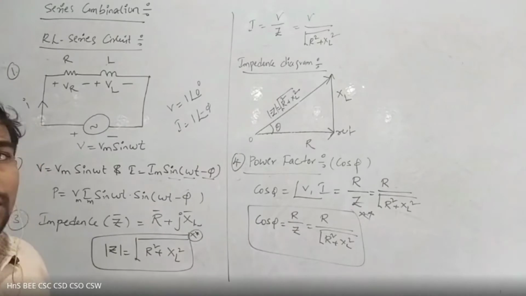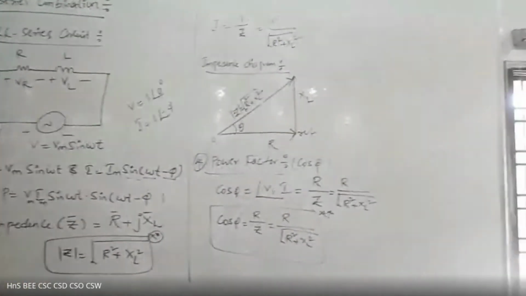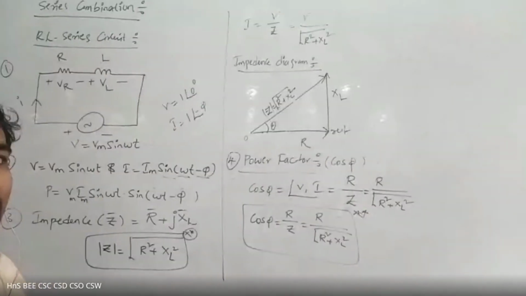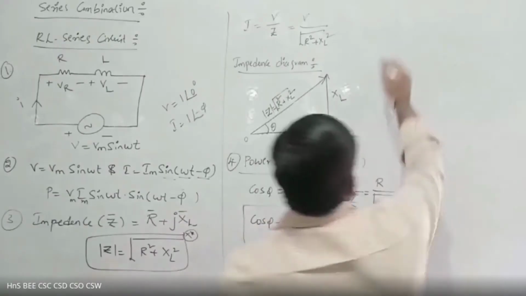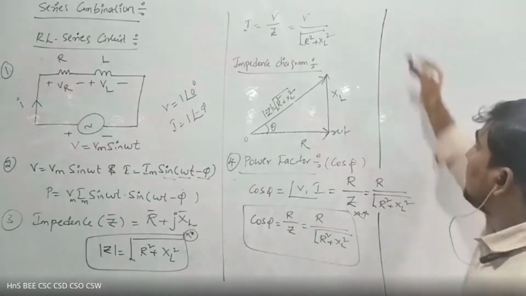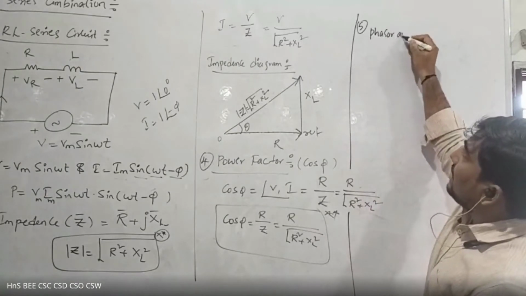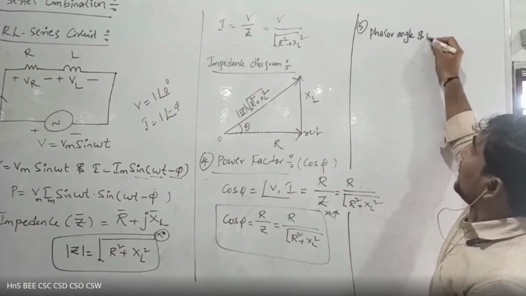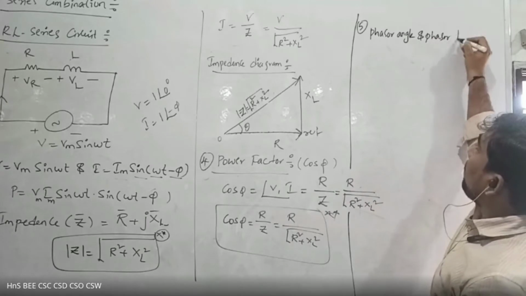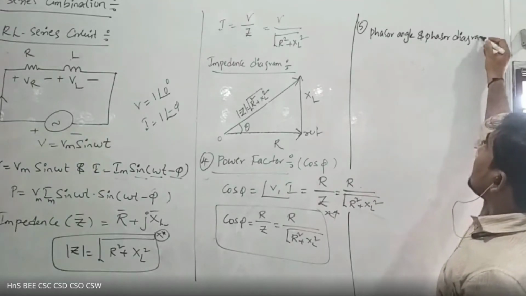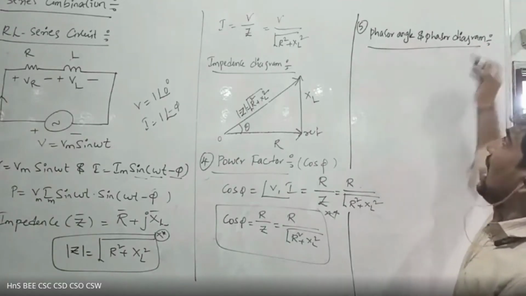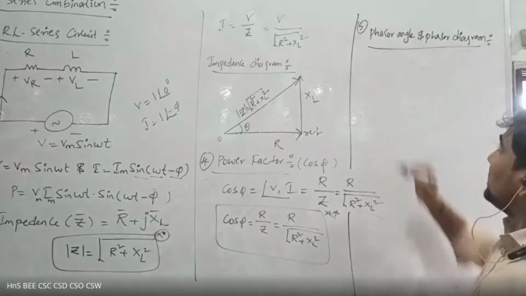And coming to the next one: phase angle, phasor angle, and phasor diagram of the RL series circuit. Sir, what is the phasor angle formula?